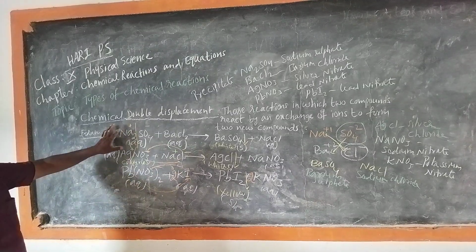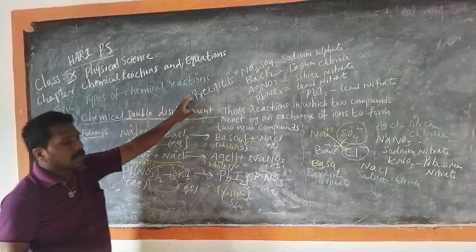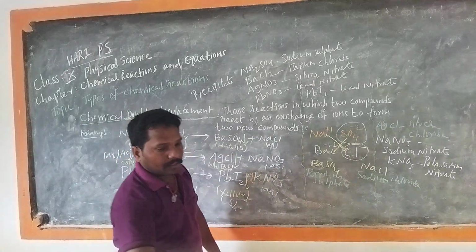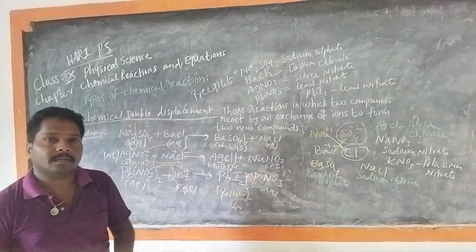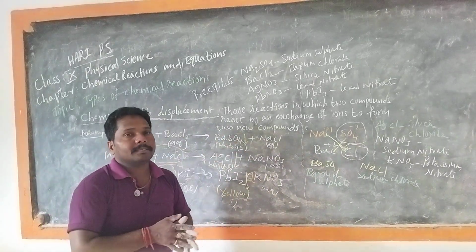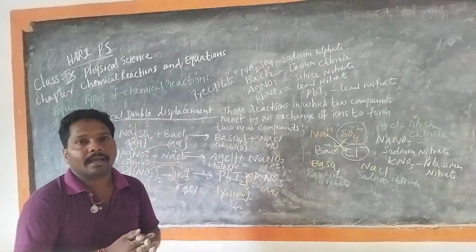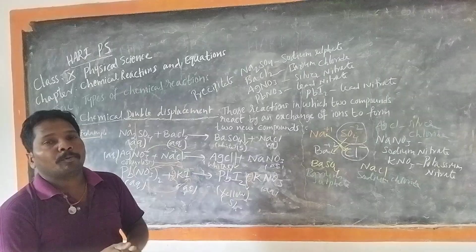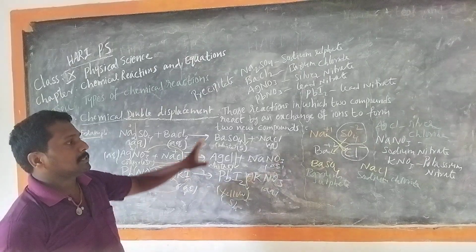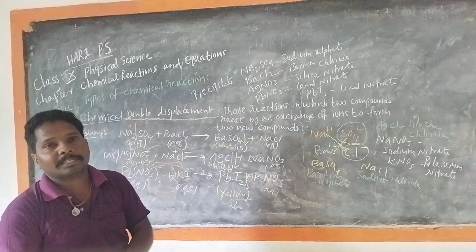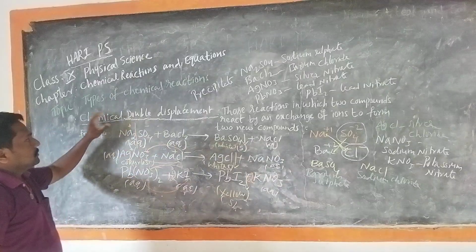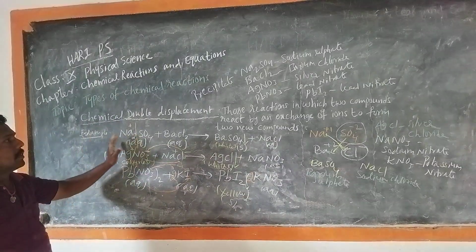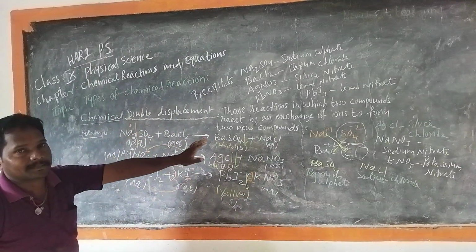So in all those reactions, an insoluble substance is formed. That insoluble substance is called a precipitate. So in a double displacement reaction, a precipitate is formed. This is about chemical double displacement.